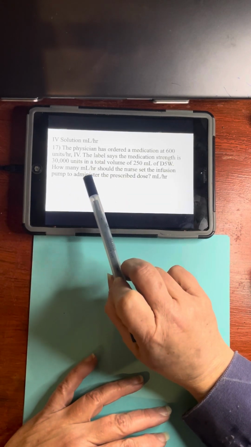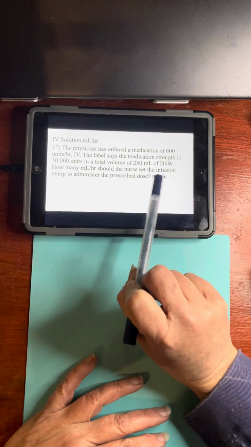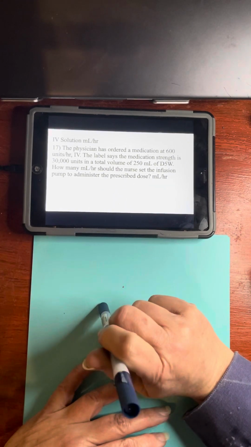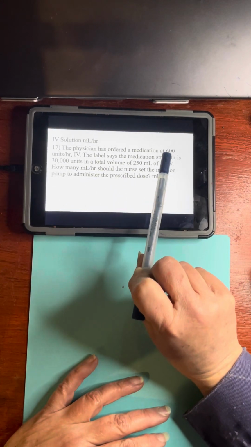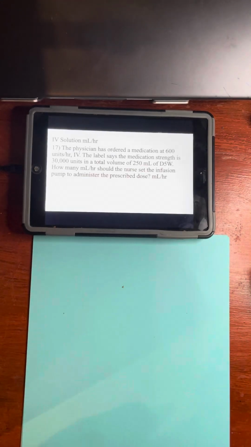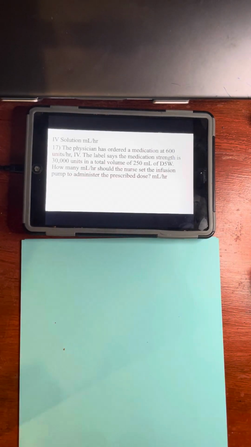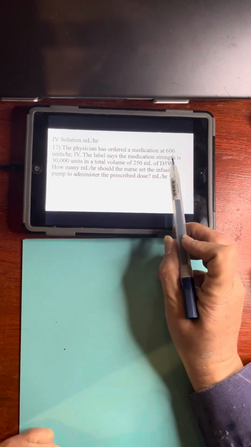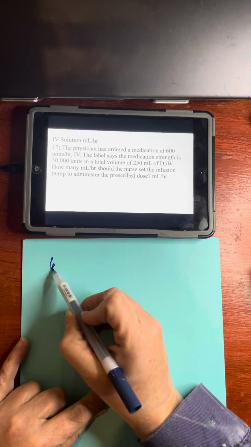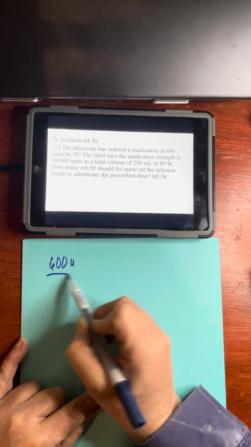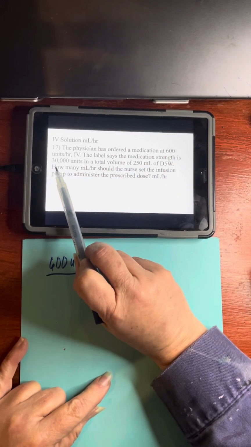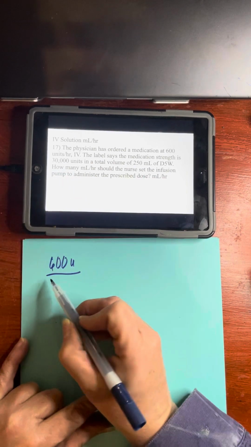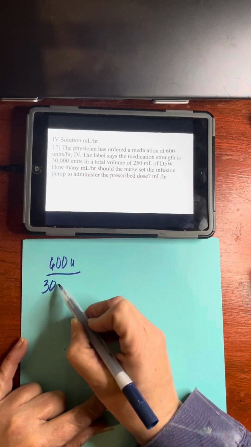How many milliliters per hour should the nurse set the infusion pump to administer? So what he wants them to get, the dose ordered over dose on hand to work for this. He wants them to get 600 units. And what I have in my hand is 30,000. Look, we unit rich.